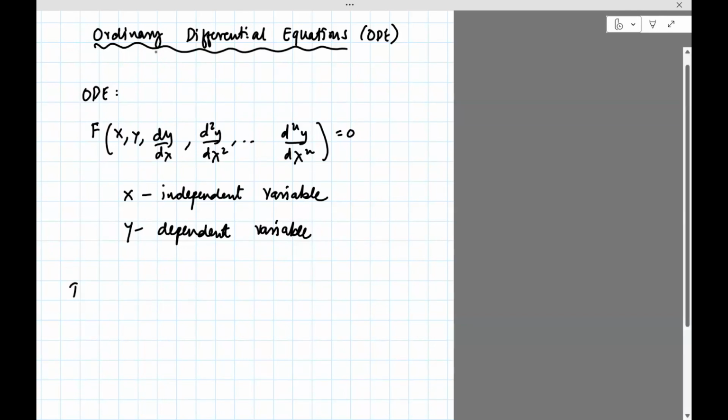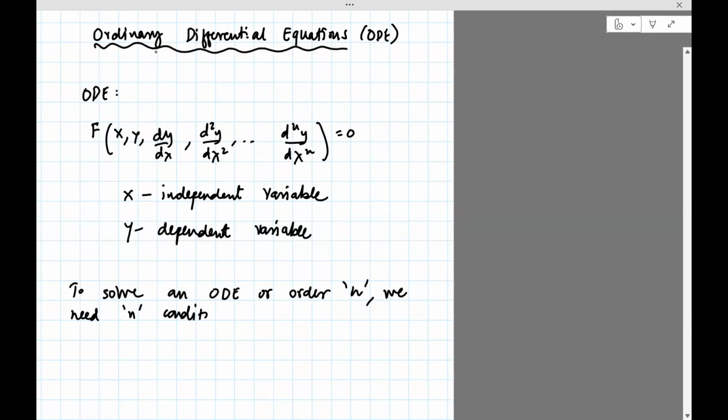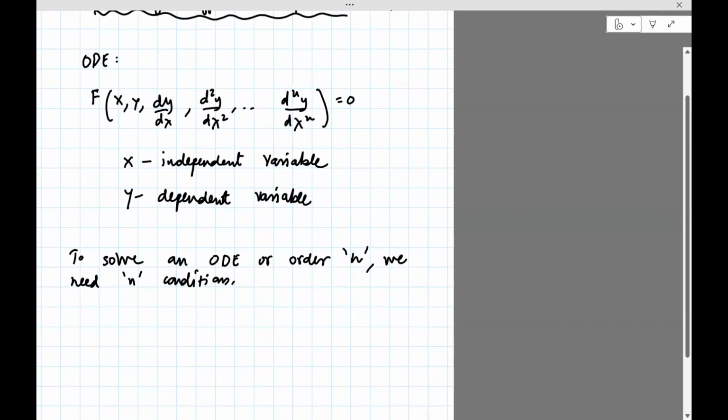So to solve an ODE of order n, n being the highest derivative in this equation, dⁿy/dxⁿ, I need to give you at least n initial conditions. We need n conditions. The simplest way to write these conditions is what they call an initial value problem.